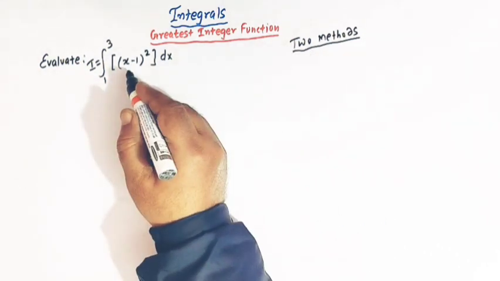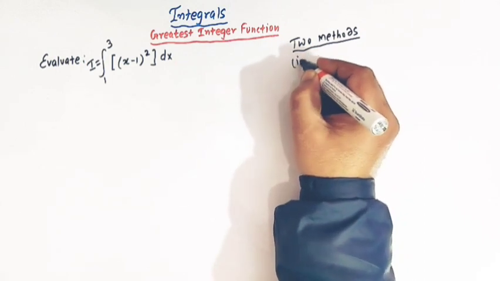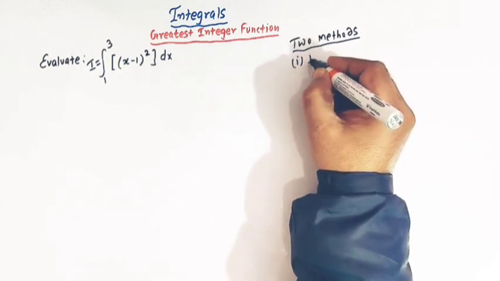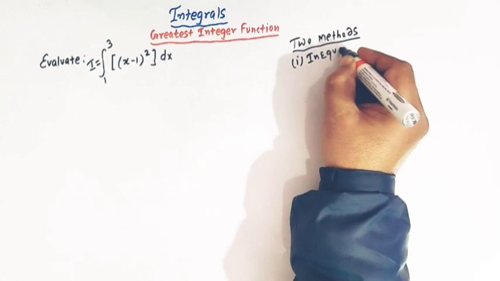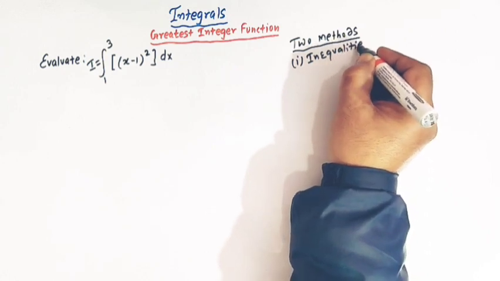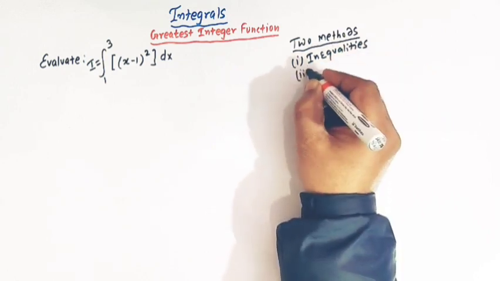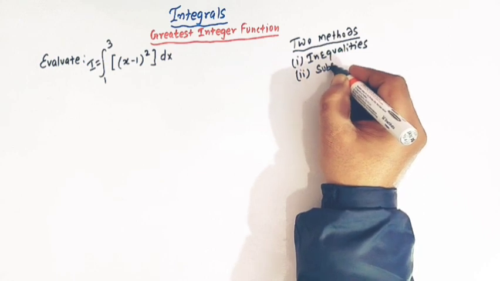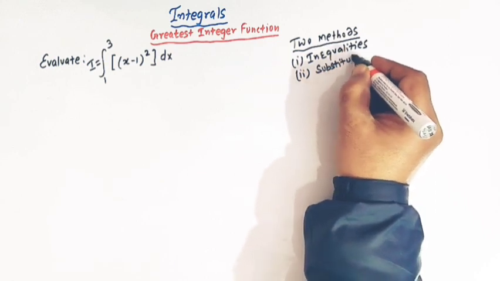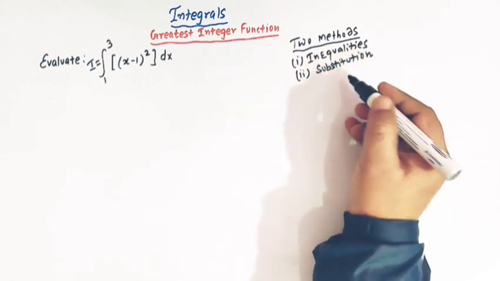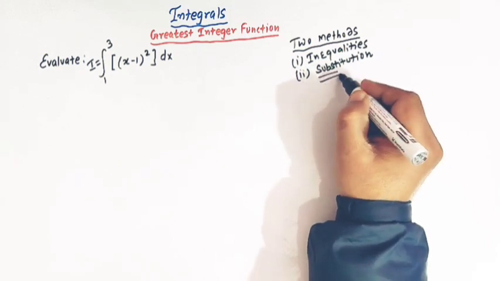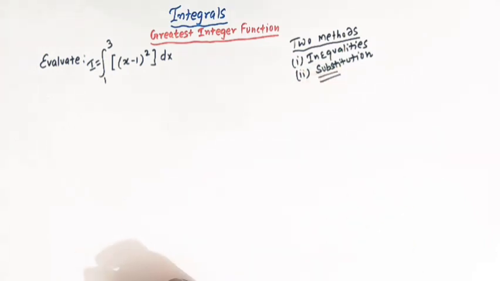The first one is the method of inequalities, and the second method is the method of substitution. Here we will prefer the method of substitution.